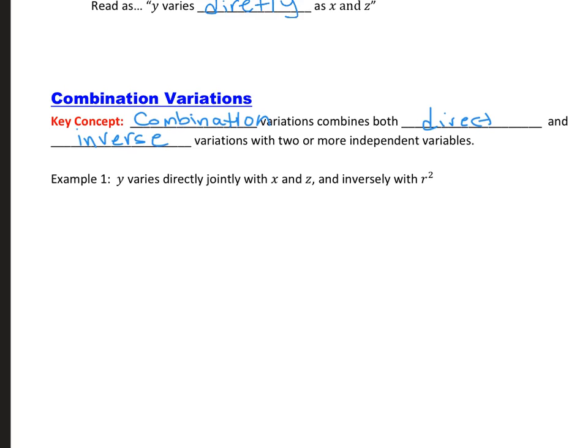So y varies jointly with x and z and inversely with r squared. So you would translate that as y varies jointly with x and z. So you have your constant of proportionality. X and z would be multiplying that constant. And inversely then, r squared would be in the denominator.